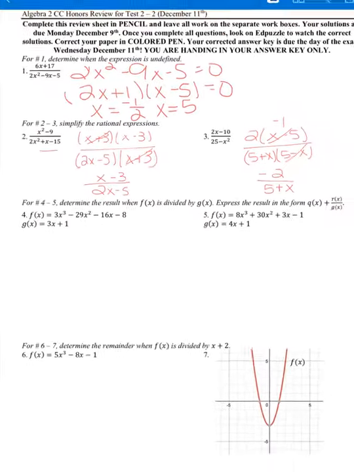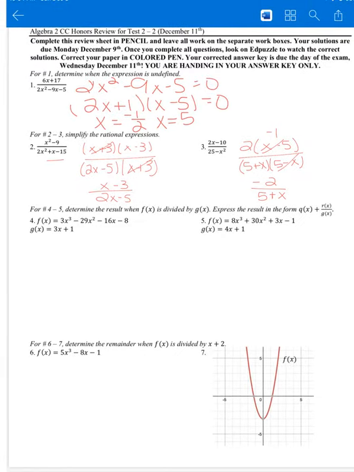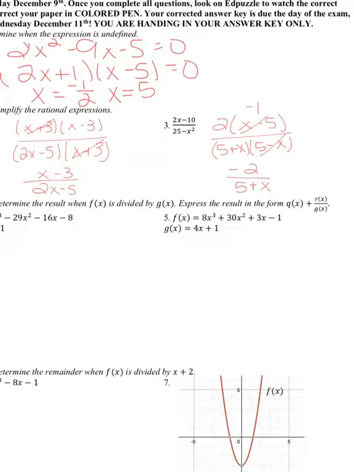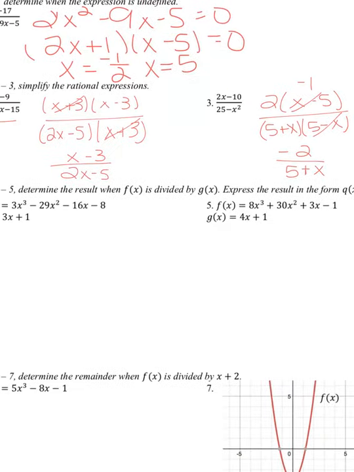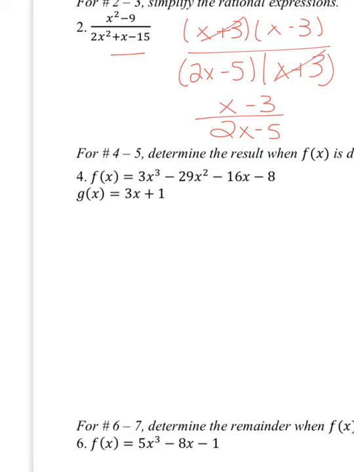For number 4, determine the result when f of x is divided by g of x. Express the result in the form, so this just means the quotient plus the remainder over the divisor. So for number 4, when I do this divided by 3x plus 1, all of my exponents are included, and they are already in descending order, so I don't have to manipulate the dividend at all. 3x to the third divided by 3x is x squared.